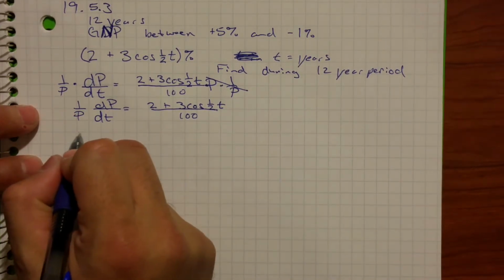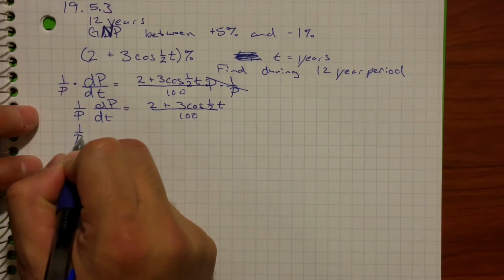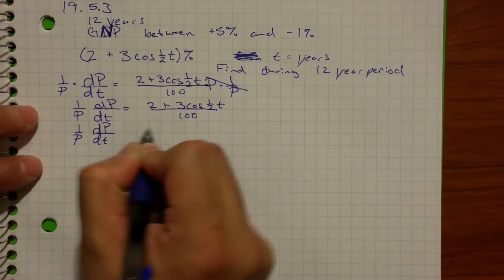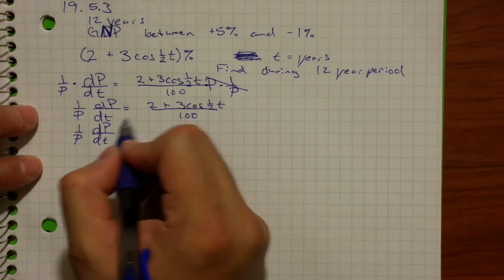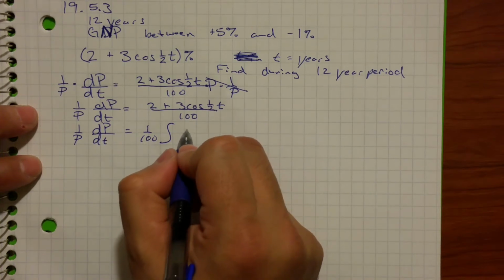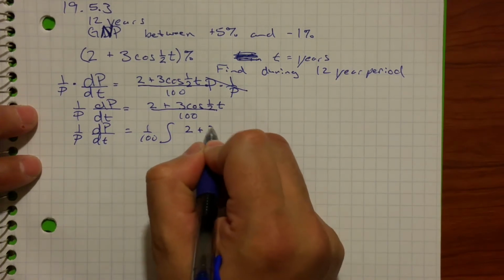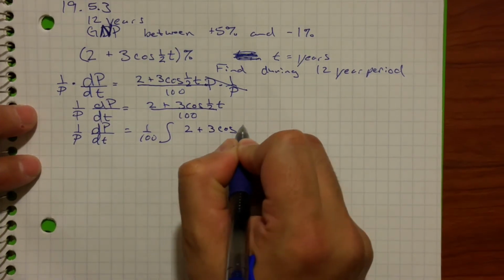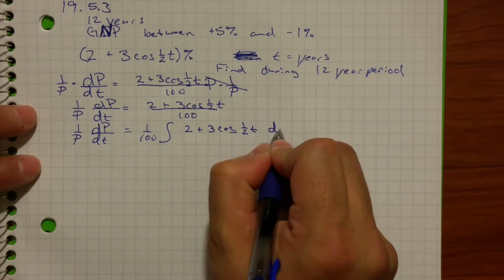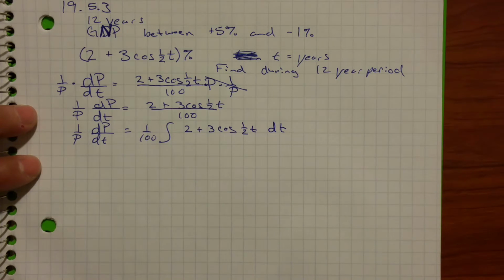I'm going to put 1 over p dp dt equal to, factor out the 1/100, integrate 2 plus 3 cosine 1/2 t, in terms of dt.